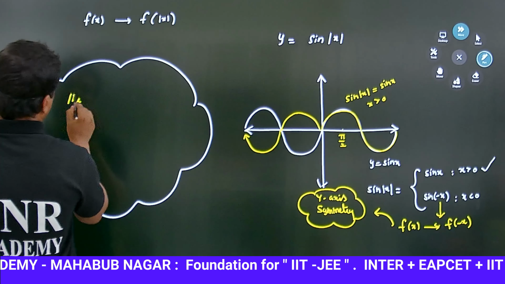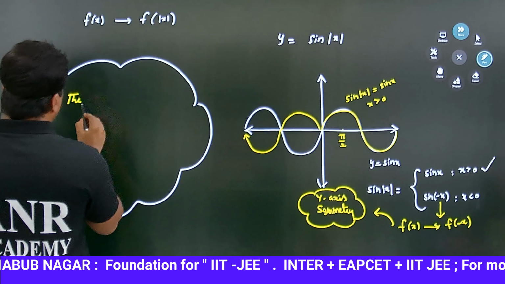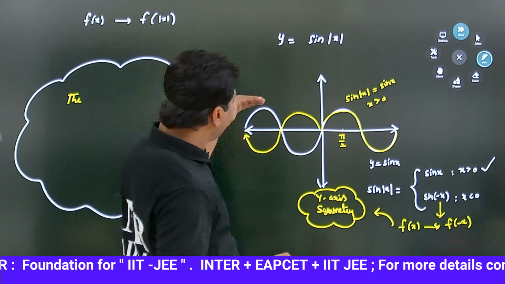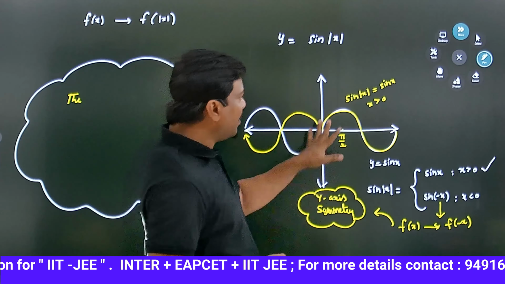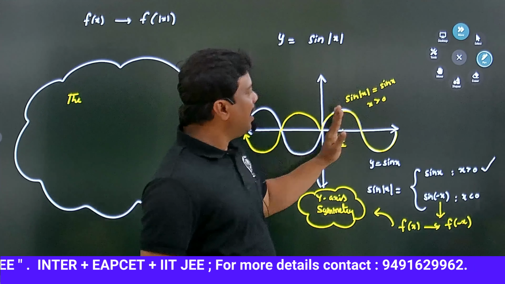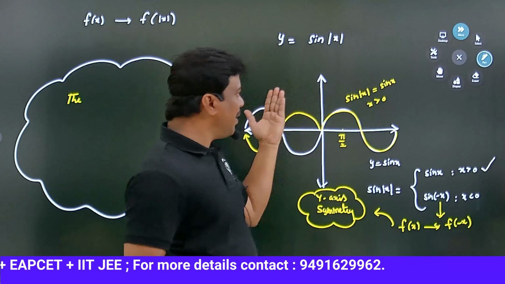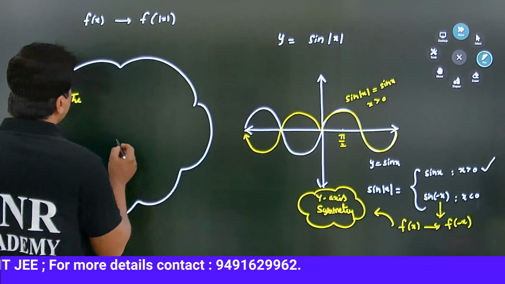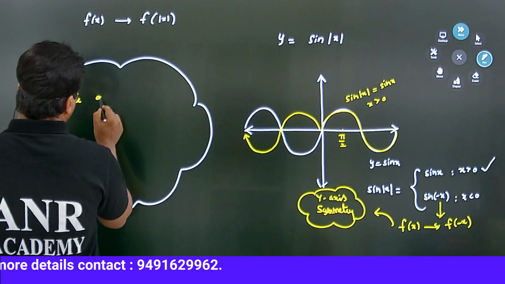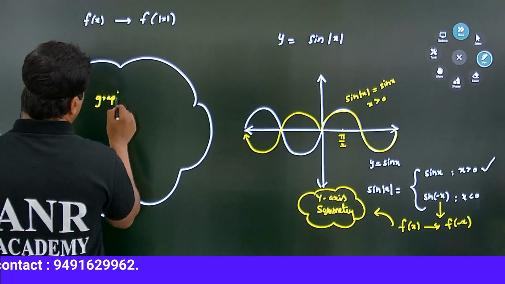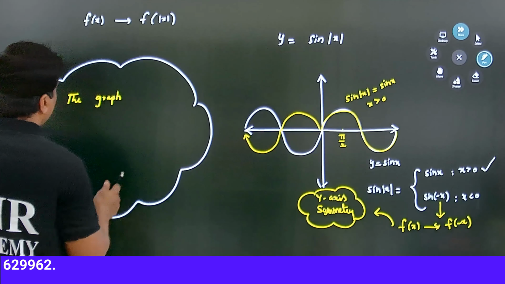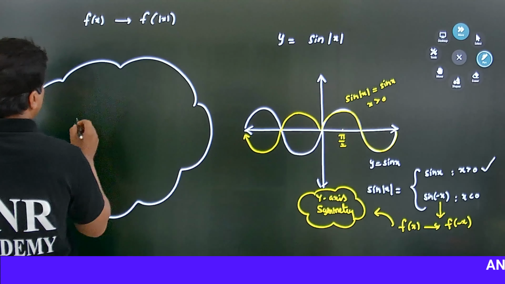Just I am going to write here. First you have to neglect the left portion. Only the positive portion you have to write, and then you have to draw the symmetric graph about the y-axis. That is the condition here.